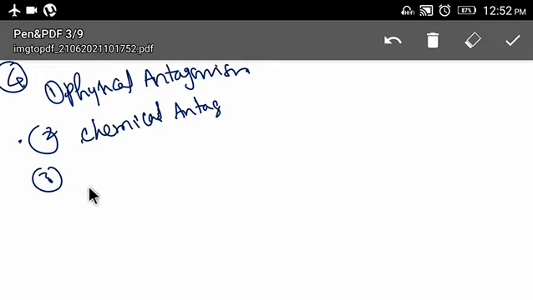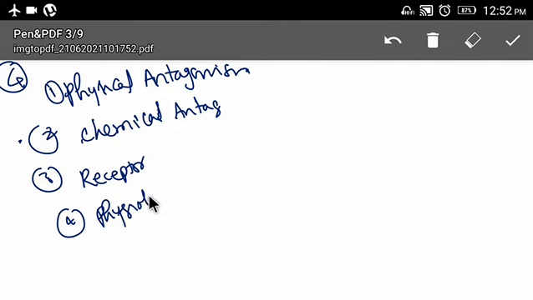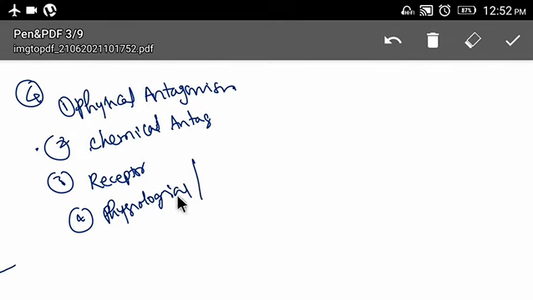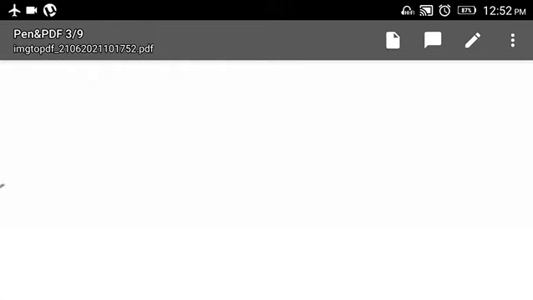Third is receptor antagonism. Fourth is physiological or functional antagonism. So these are the four types of antagonisms. Let's discuss each one of these. The first one is physical antagonism.